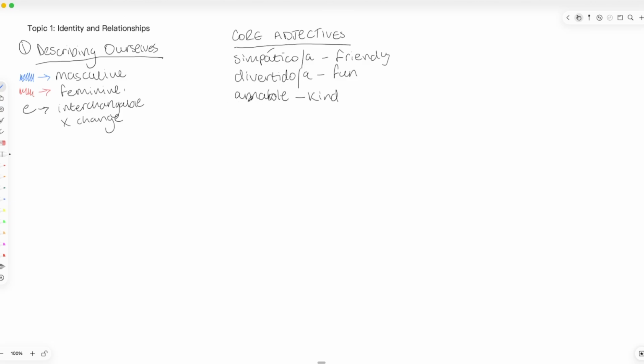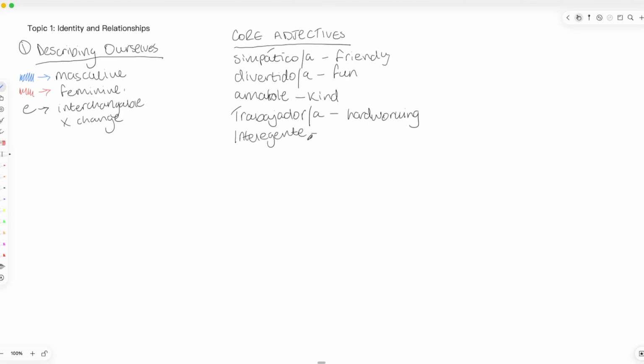The next one's a very good one to use, not just in this topic, but the topic of work. Trabajador. You'll notice the stem comes from the word trabajar, which is to work, and that means hardworking. A nice quality to describe someone.